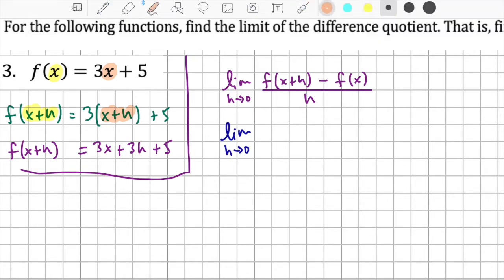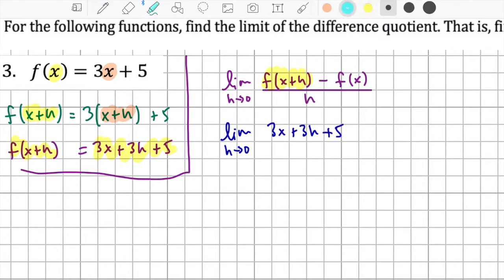Now let's look at it. Here, let me highlight. Here we have to put f of x plus h. This is f of x plus h right here. So we're going to replace it with that. So it's going to be 3x plus 3h plus 5.